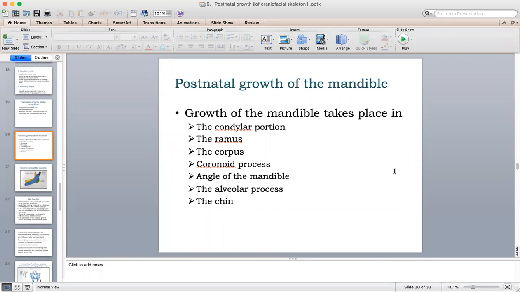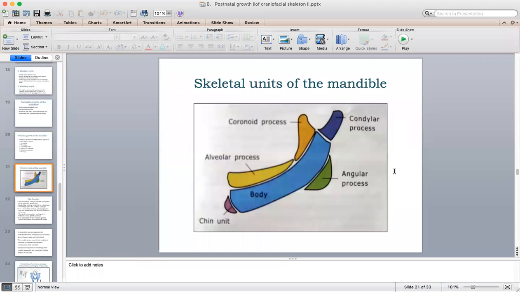The various parts of the mandible which you should know from the growth point of view are the two condyles, then the ramus on each side, then the corpus or the body of the mandible, then the coronoid process on each side, the angle of the mandible, the alveolar process, which grows with the eruption of teeth, and finally the chin. So these are the various parts under which the growth of the mandible is described.